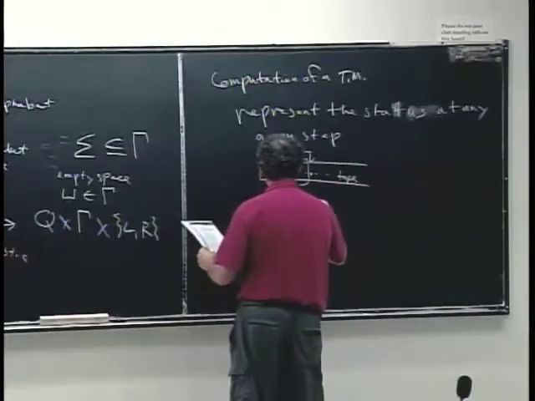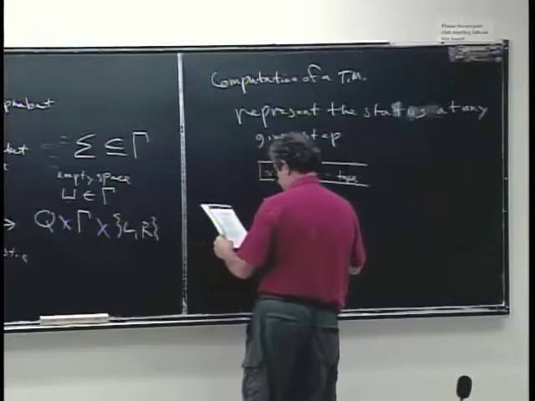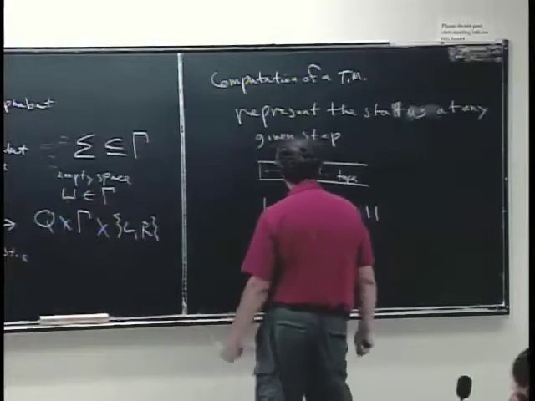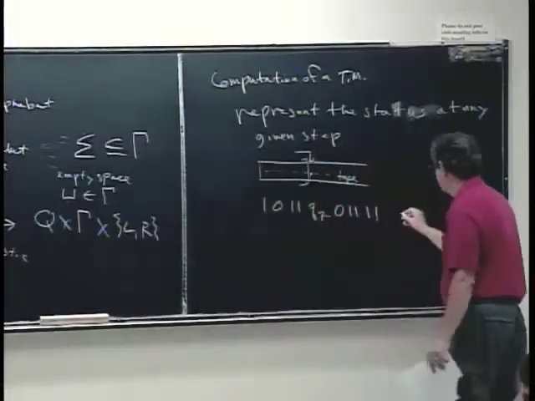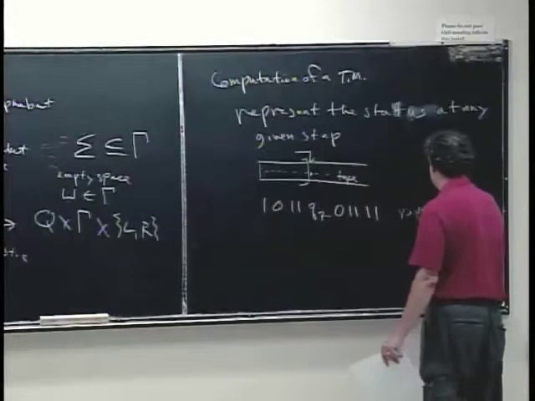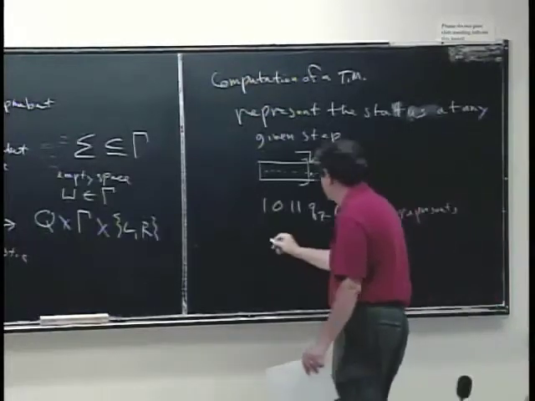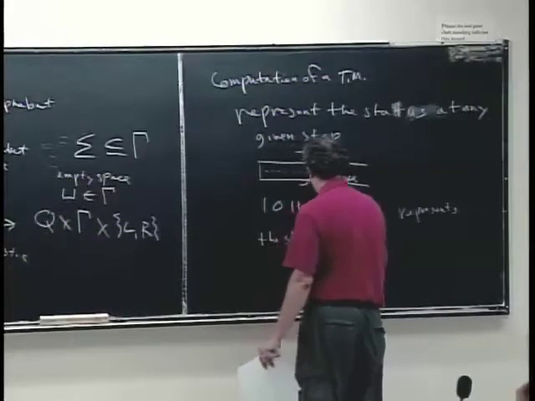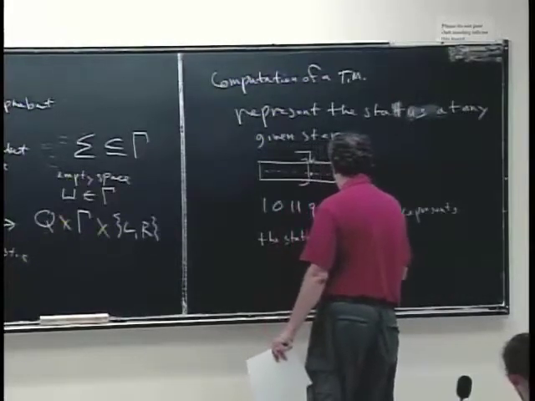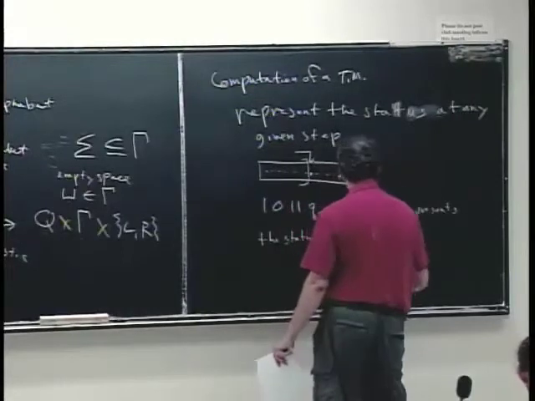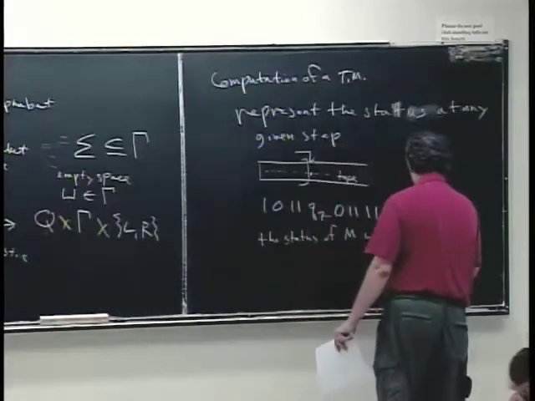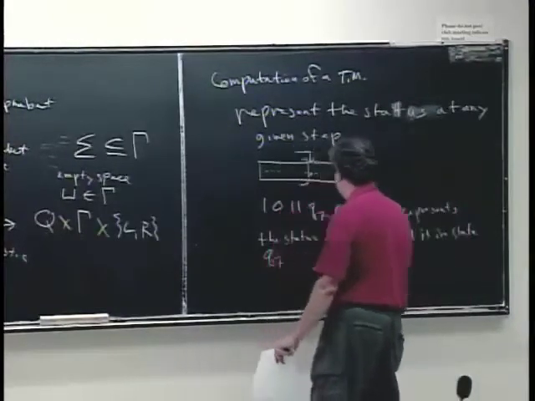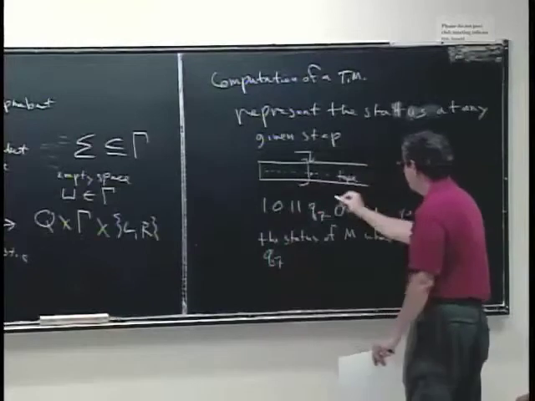1011 Q7 0111. Okay? So this represents the status of the machine M, where M is in state Q7, because that's written there. The read head is right there.